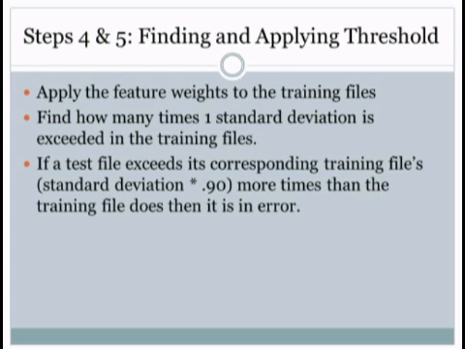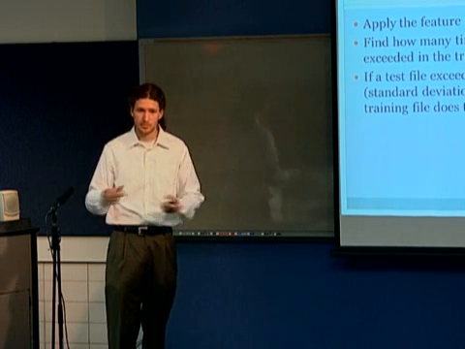So the next step is finding and applying the threshold. So the first step is, I have the weights that I found earlier, and then I apply those to the training data. And then once I've done that, I find the mean, I find the standard deviation, and then I find how many of those distances after they've been weighted are beyond 1 standard deviation, because it's not a normal distribution.